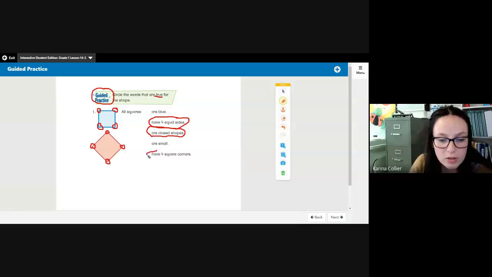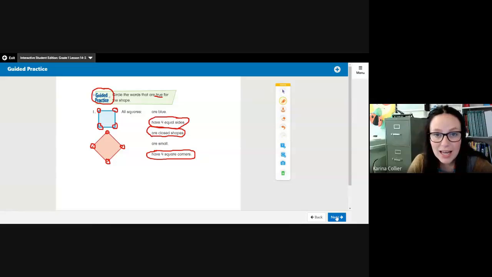So all of our squares do have 4 square corners. So we circled all of the words that are true about our squares. So we should have circled all squares have 4 equal sides, are closed shapes, and have 4 corners. If you need to pause or rewind at any time, you can do so.